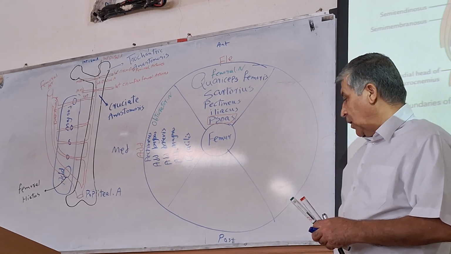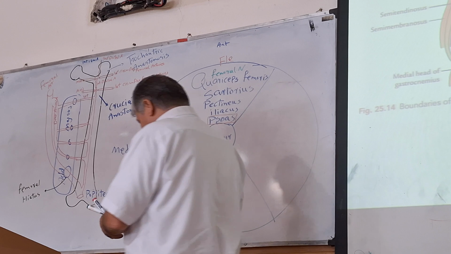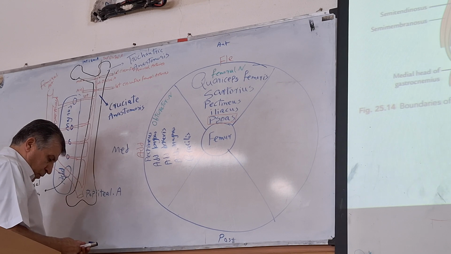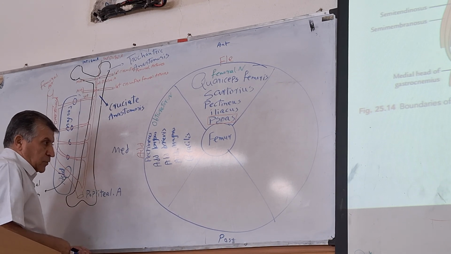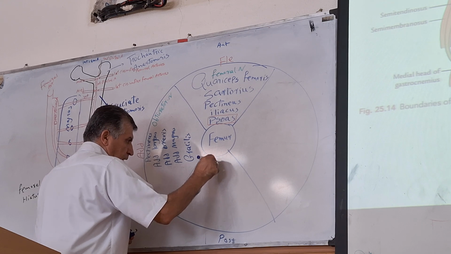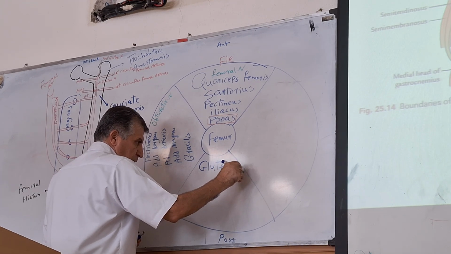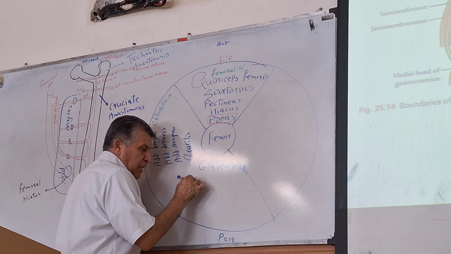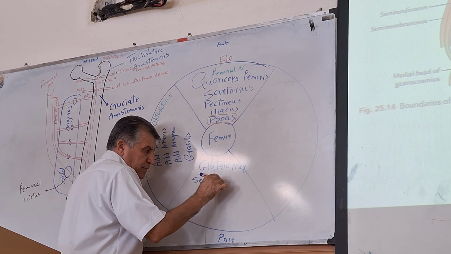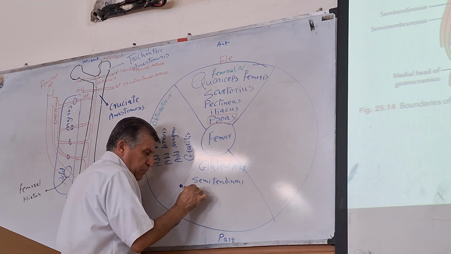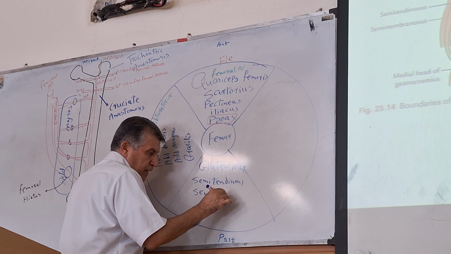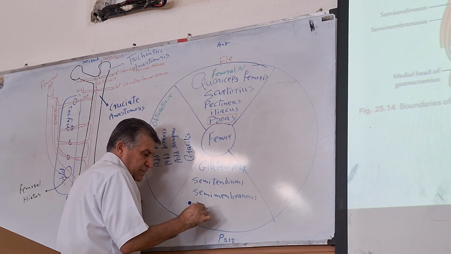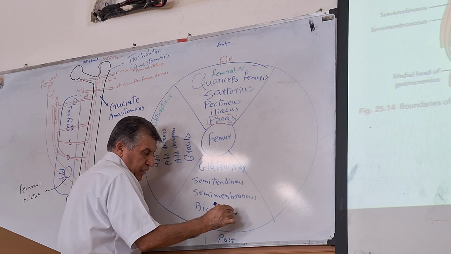Posterior compartment. We can see gluteus maximus and the hamstring muscles. The hamstring muscles are semitendinosus, semimembranosus, and biceps femoris.